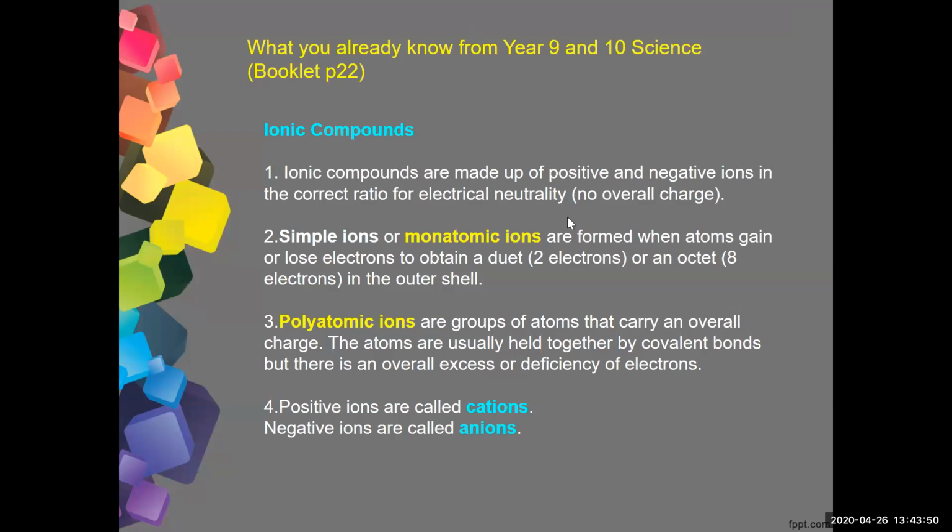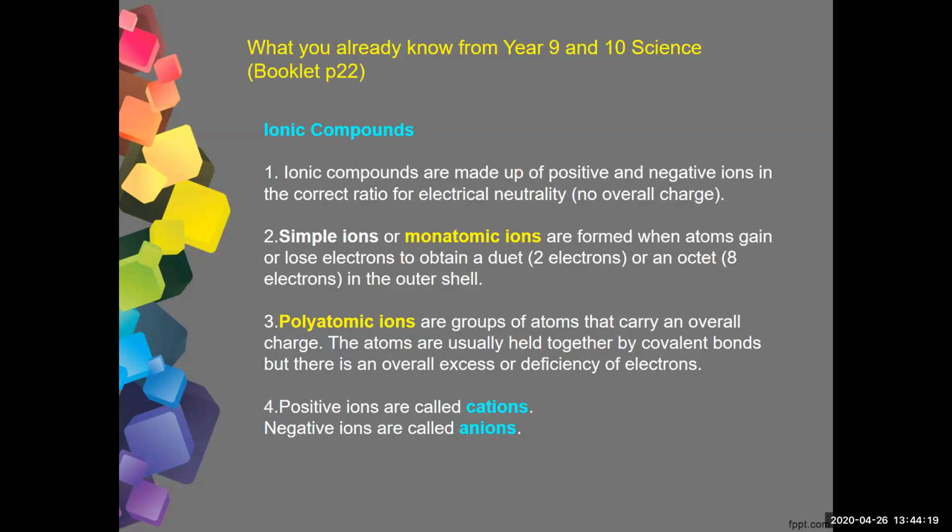Okay, so some of this stuff you've already learned in year 9 and 10. We've done a lot of work on ionic compounds. We just didn't really call them ionic compounds. So you know that they're made up of positive and negative ions. You've been doing that since year 9. You started talking about how the atoms could gain or lose electrons to make ions, and how those ions got together in compounds in the right ratio that the overall charge was 0.